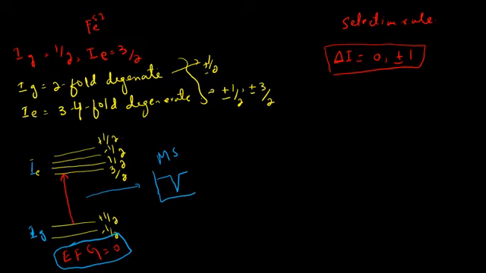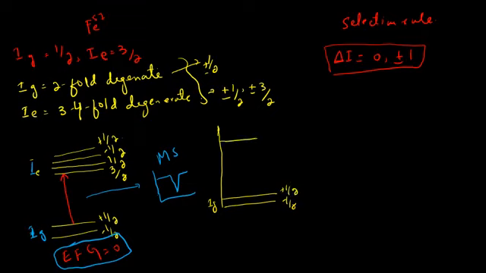In the other condition, let's suppose that the electric field gradient is not equal to 0. In that case, the ground state will be the same: twofold, minus 1 by 2 and plus 1 by 2.